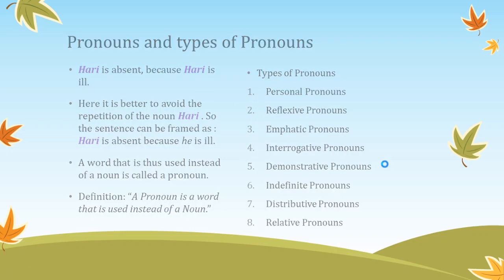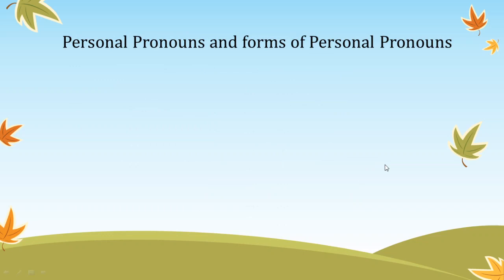So let us move towards the first type of pronoun, that is personal pronoun. Now in personal pronoun, we will not only learn what is personal pronoun, we will also go through the forms of personal pronoun. Now let us have an example to understand personal pronoun. I am young. We are young.